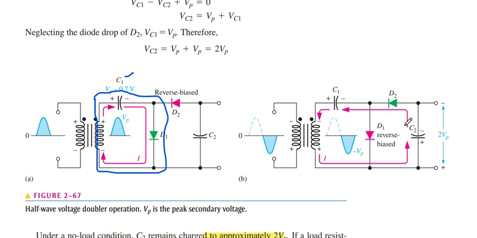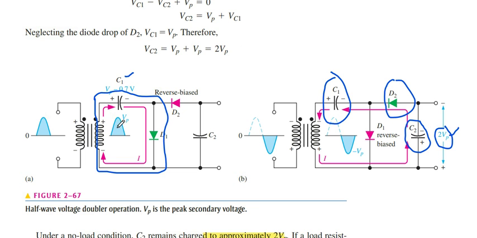So the capacitor C2 is charged, while C1 is not discharged but adds up with the negative half cycle, and both the negative side of the input wave and this capacitor charging are discharging at C2, which adds up to 2Vp as a result we get.